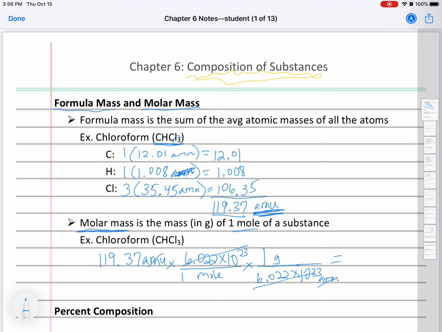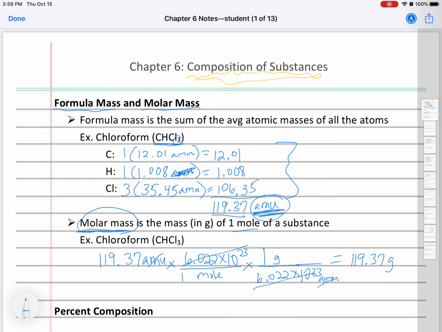And so essentially, if we were to run this conversion math, we would end up with 119.37 grams. So we typically don't do all this math. We simply add up all of these components and we change the units from atomic mass units to grams when we are using molar mass.